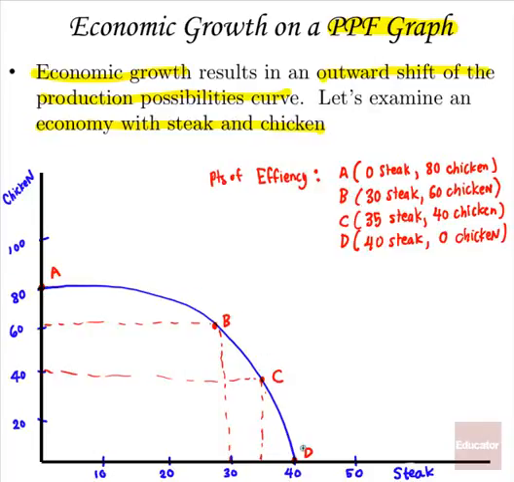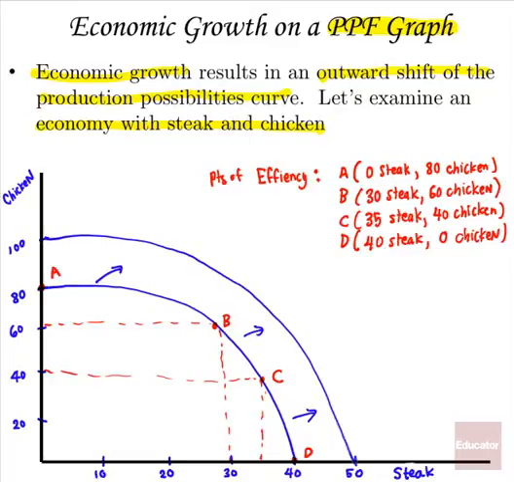Now, how would economic growth be defined? Again, let's say you invest in technology that makes chicken reproduce at a more efficient rate, or improves the way that cows are produced and slaughtered for steak. Let's say there's a more efficient technology that creates this steak here. Then what happens is that there's an outward shift in the production possibilities frontier, and it's exemplified by this here.